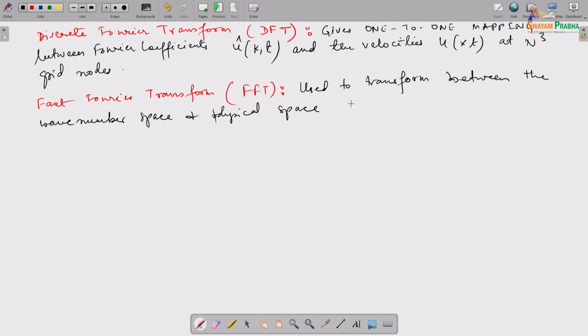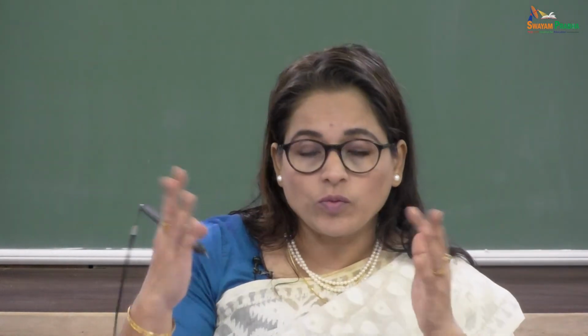What do I mean by that? Go and look at the Fourier modes in the domain where you have only the waves, and connect that to the velocity at a particular location in the physical space. That is your physical space and this is the wave number space. You go to the wave number space, bunch up those different modes, put them together, and that gives you the velocity in the physical space.